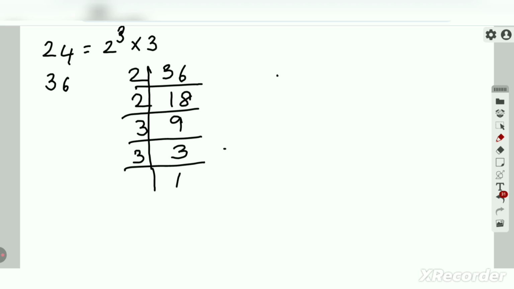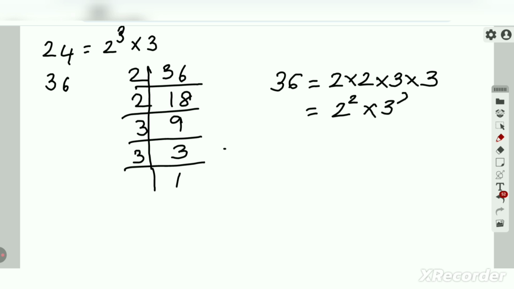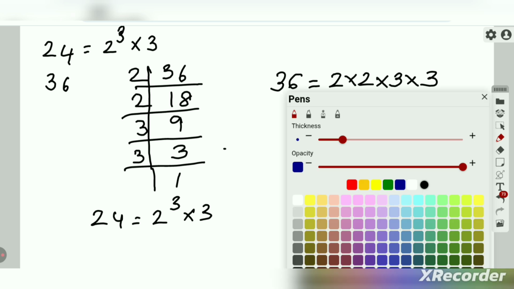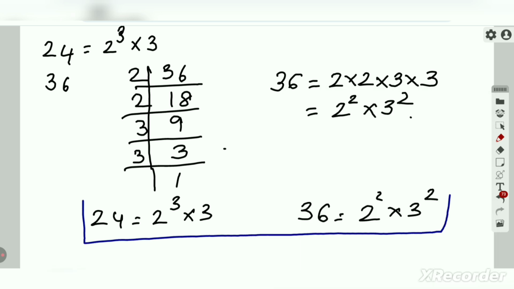So 36 can be written as 2 into 2 into 3 into 3, further written as 2 square into 3 square. So this is how you do the prime factorization of various numbers. So we got 24 as 2 cube into 3, 36 as 2 square into 3 square. Now let us put this in mind, and using this we'll find out the HCF and LCM of these two numbers.